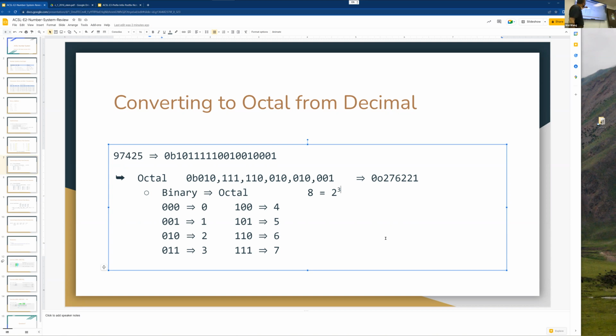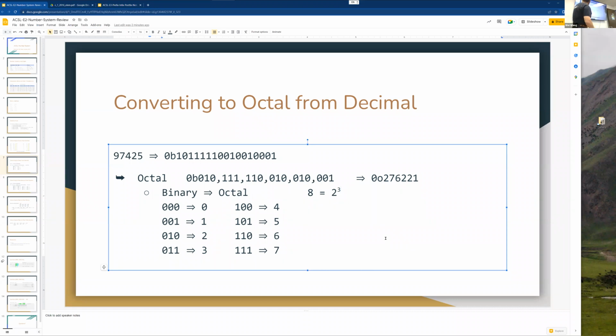This is also to show us that sometimes it's easier to convert from binary. I mean, you can do this conversion directly from this number to octal.